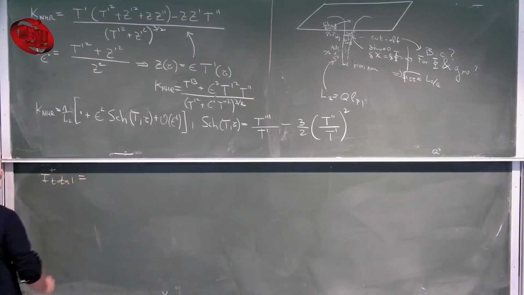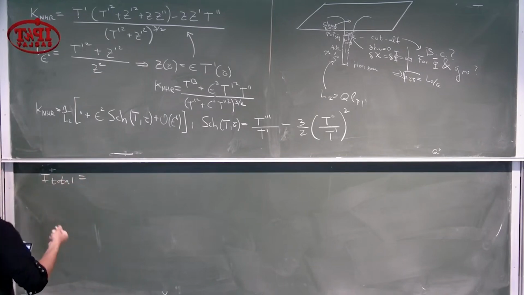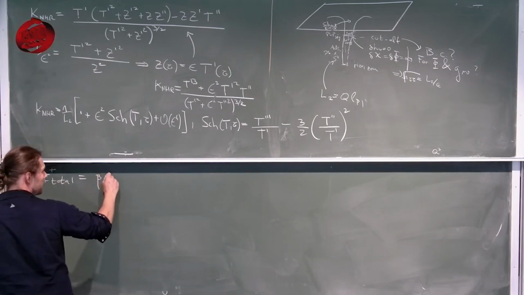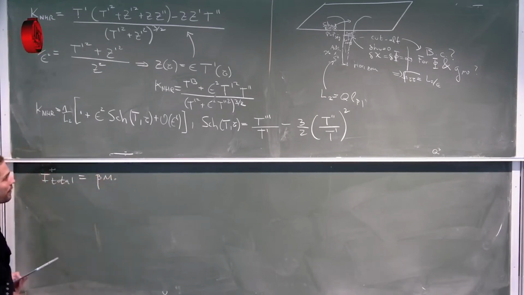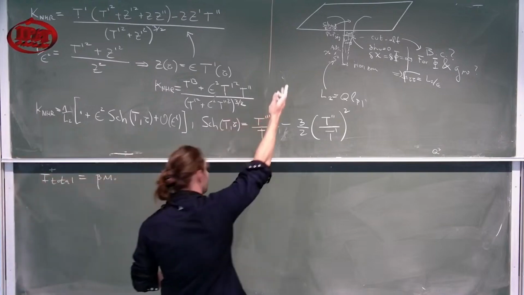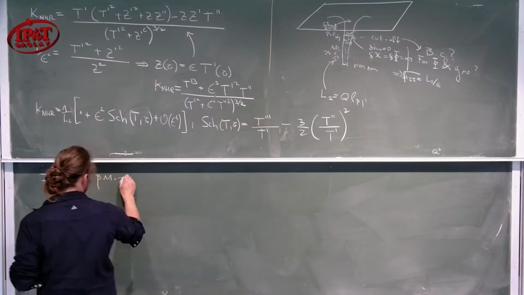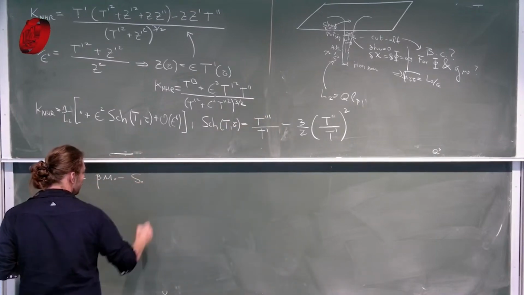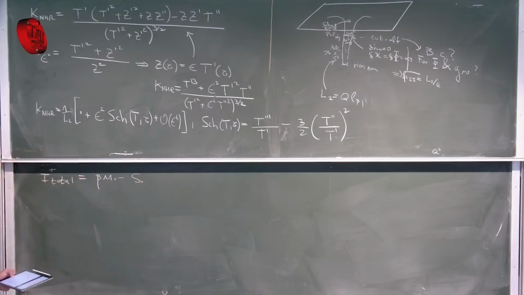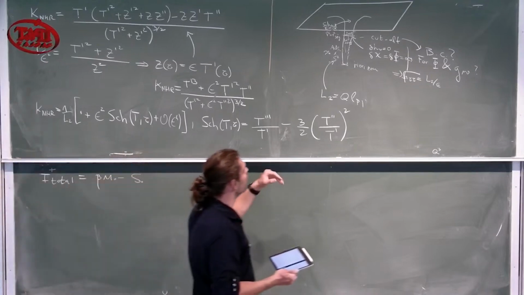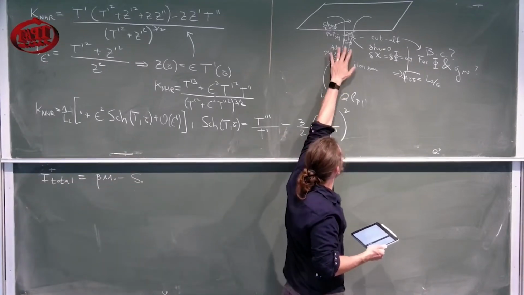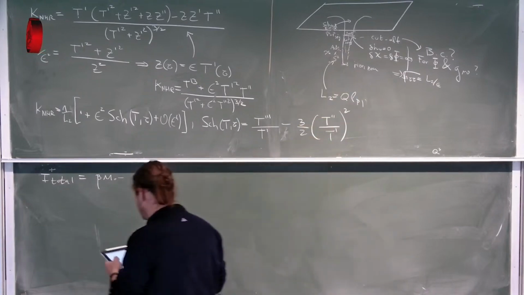the action now just becomes, I had a term that was given by beta times m naught that came from evaluating the action in the faraway region. I had a term that looked like S naught that came from evaluating the contribution of a topological term in the near horizon region.